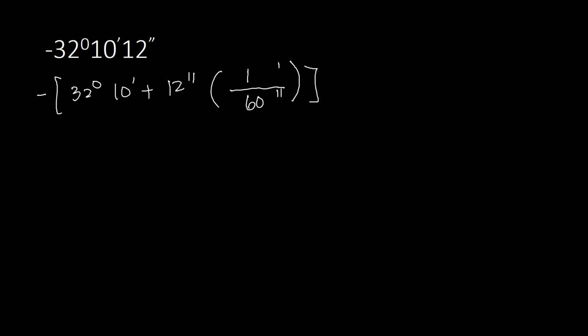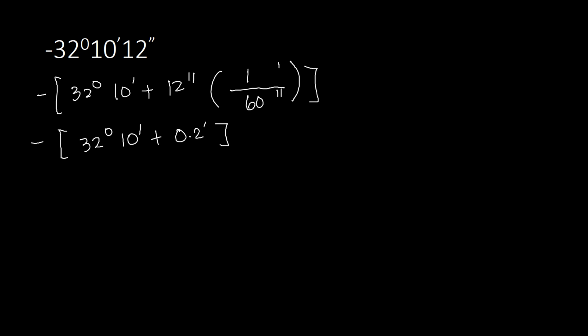So dividing that one, we have 32 degrees and then 10 minutes plus 12 divided by 60 is equal to 0.2. So we have that as 0.2 minutes.